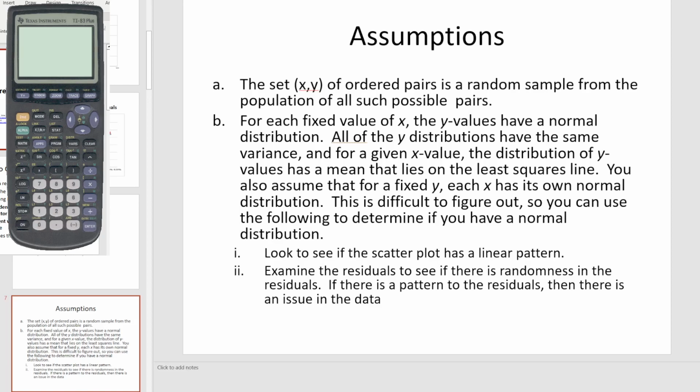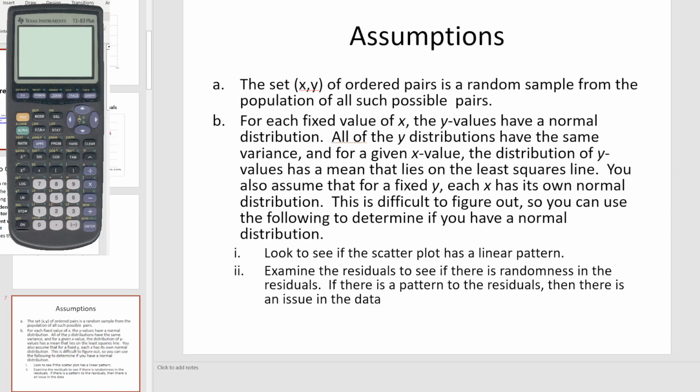All of the y values have the same variance, and for a given x value, the distribution of the y values has a mean that lies on the least squares line. You also assume that for each fixed y, each x has its own normal distribution.